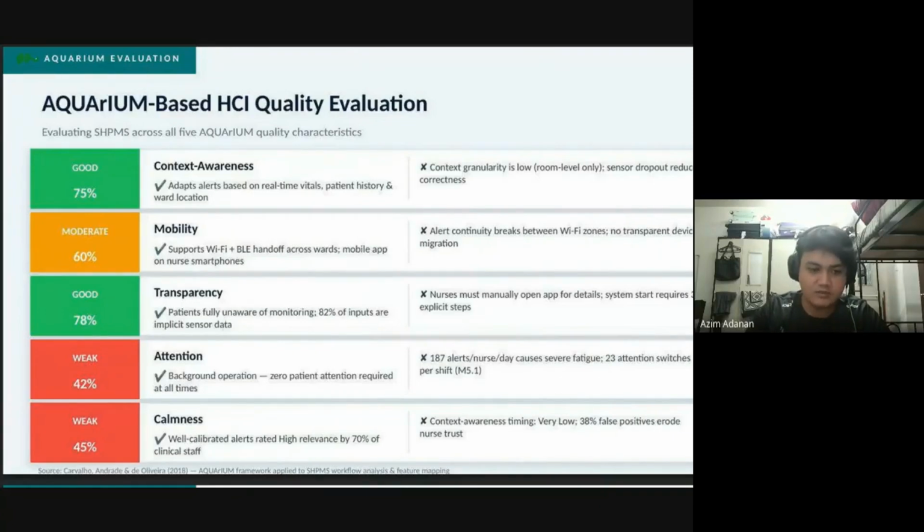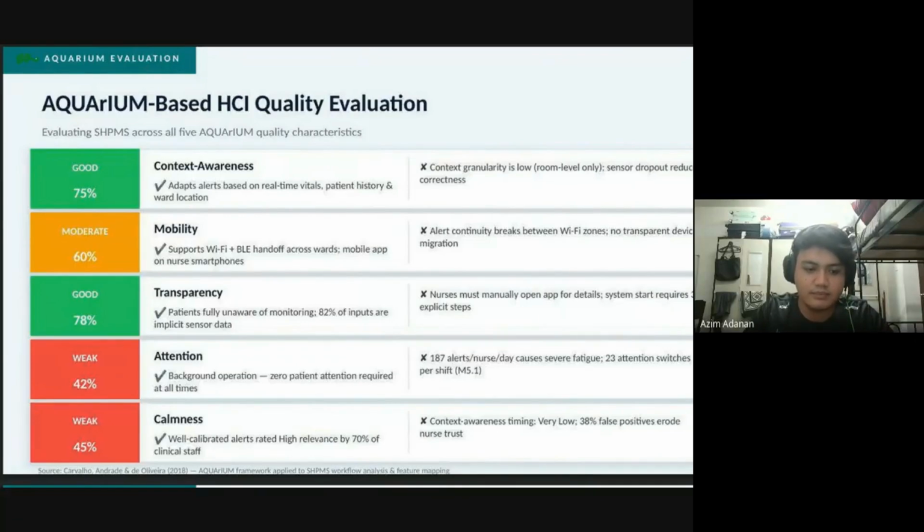The second one is mobility, which scores around 60%, moderate. It supports Wi-Fi and BLE handoff, but alert continuity breaks between zones. The third one is transparency, which scores around 78%, which is very good.